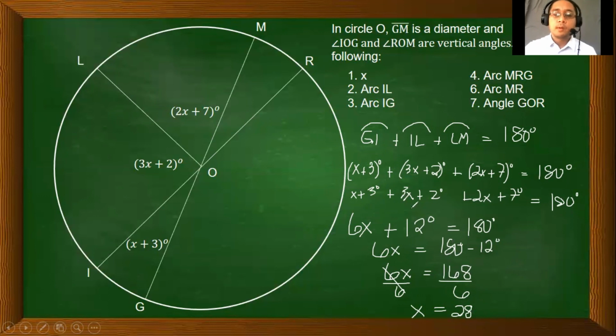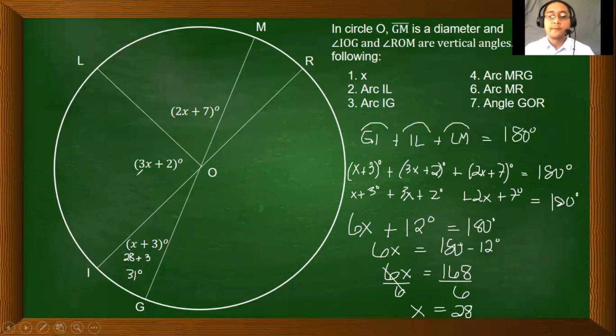Now, let us substitute in order to prove that they add up to 180 degrees. So let us substitute the value of x. 28 plus 3, the result here is 31 degrees.